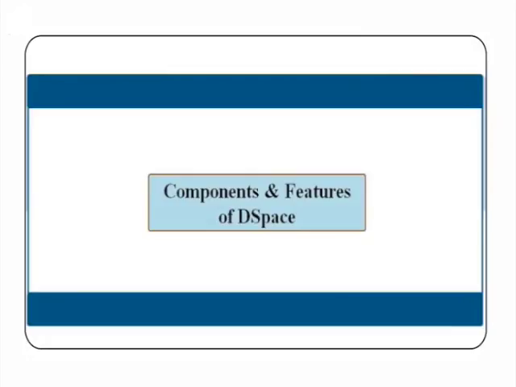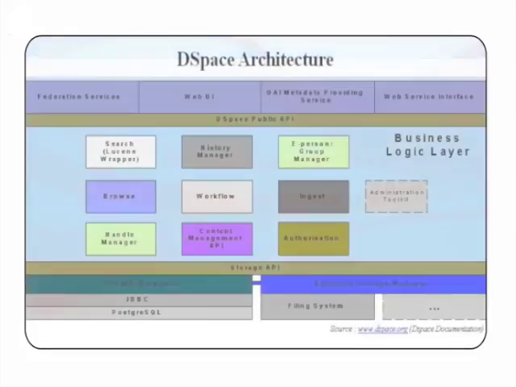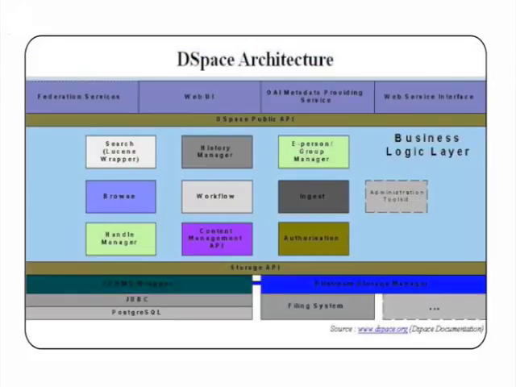In this subsection, we will focus on components and features of DSpace. The architecture of DSpace has been divided into three major parts. That is, DSpace Public API on the top, Business Logic Layer in the middle, and Storage API at the bottom.